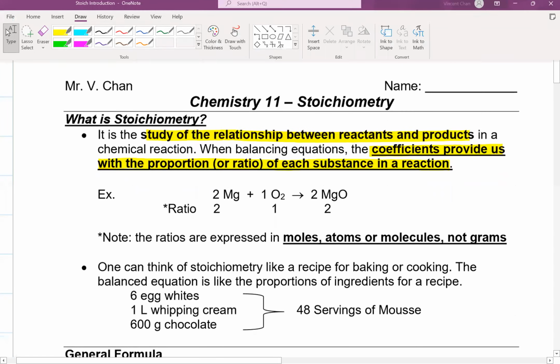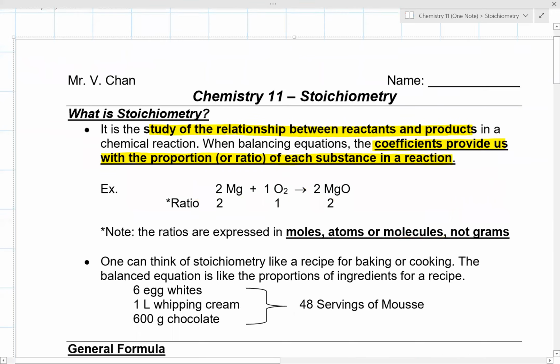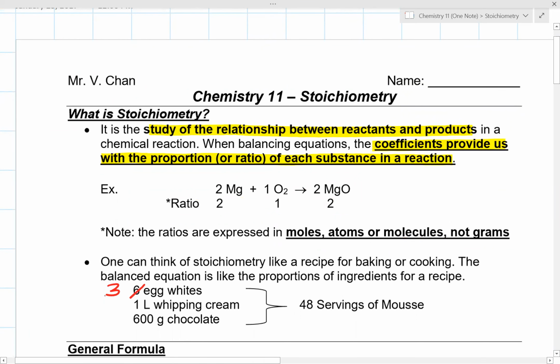Now, if we were to reduce this down to, let's say, 3 egg whites, we know that this will be reduced down to half a liter of whipping cream, 300 grams of chocolate, and that would give us 24 servings of chocolate mousse.